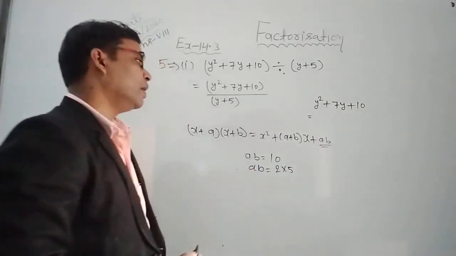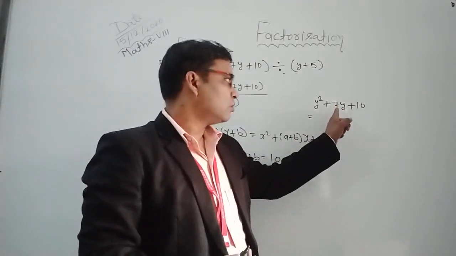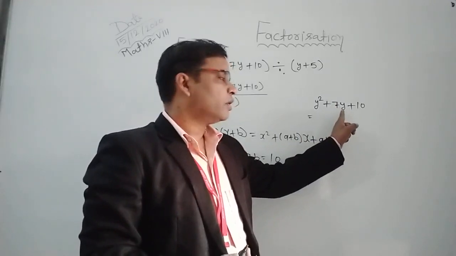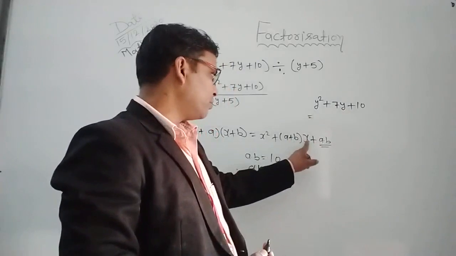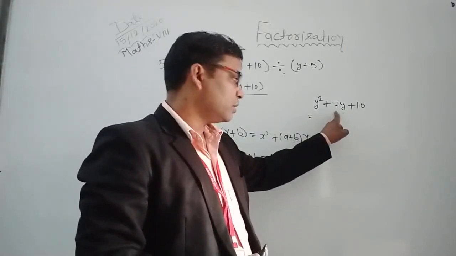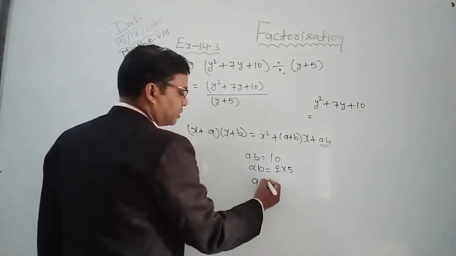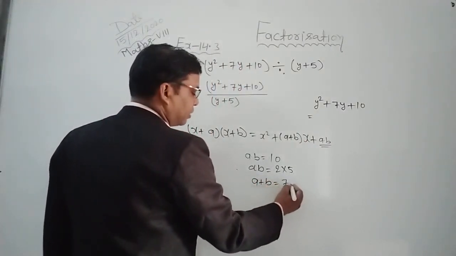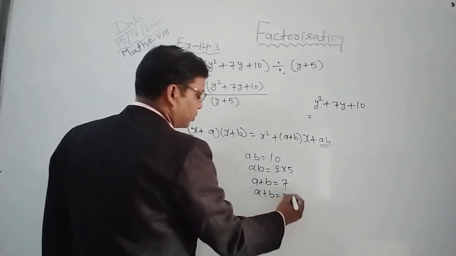And a plus b is the coefficient of y, which is 7, so a plus b is equal to 2 plus 5.